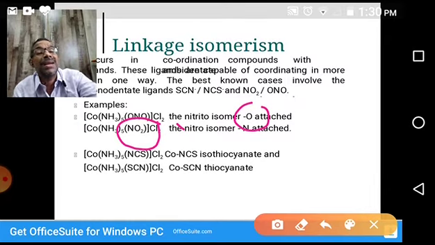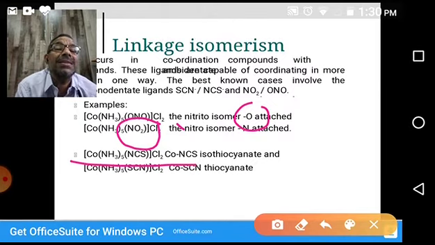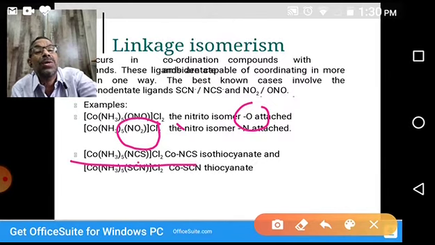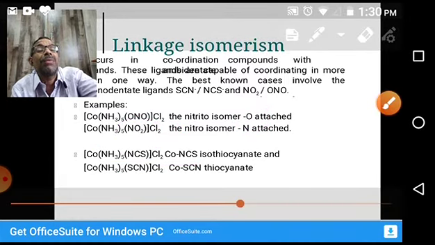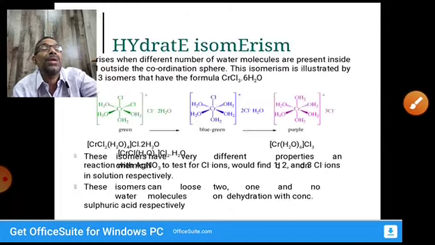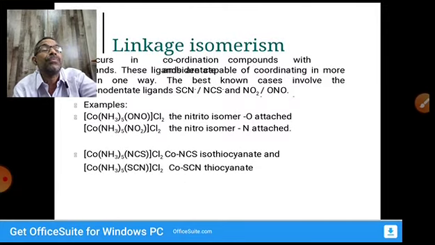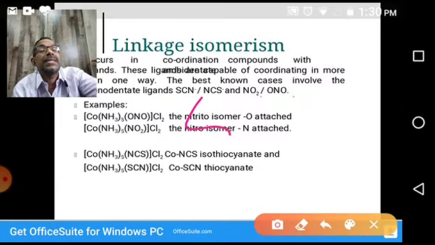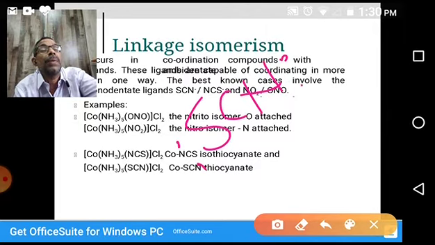In the second example, in this compound SCN is linking through nitrogen. A cobalt-nitrogen bond is there. In this compound, we have a cobalt-sulfur bond. So thiocyanato. SCN also has an electron pair, and it is also an electron pair on the other atom.